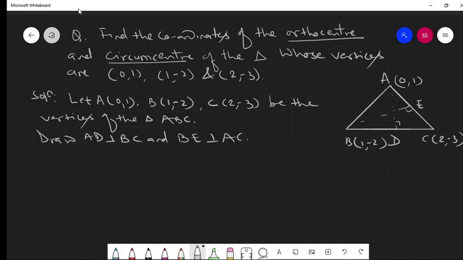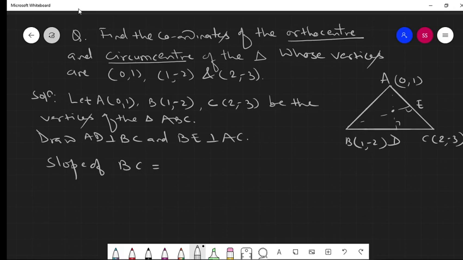Why have we drawn the perpendiculars? Because we need to find the orthocenter. What is the orthocenter? The perpendiculars drawn from the vertices to the opposite sides of the triangle meet at a point, and that is called the orthocenter. If two lines intersect, then the third line also passes through the same point. Now we have to find the slope of BC. What is the slope of BC?